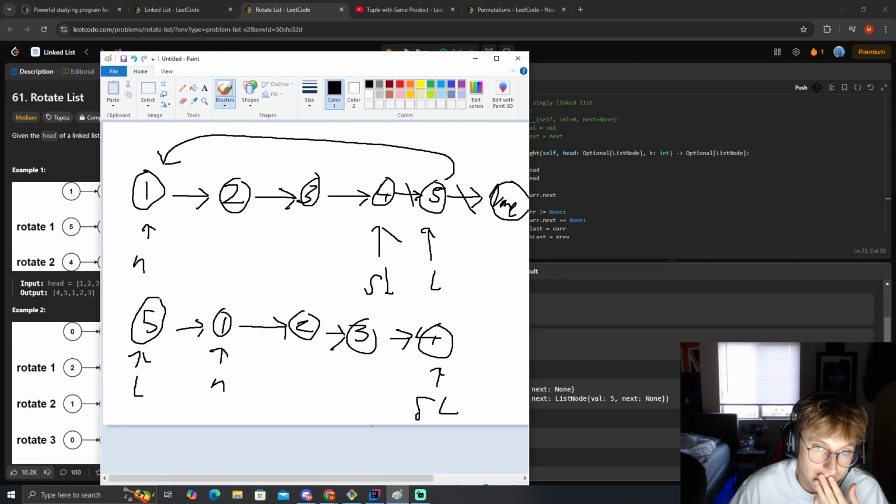Alright, so we go from the back. Sometimes if we can always find the start number, then we can maybe rotate from the start. So what I'm thinking is that maybe if we reverse our links, can we reverse?